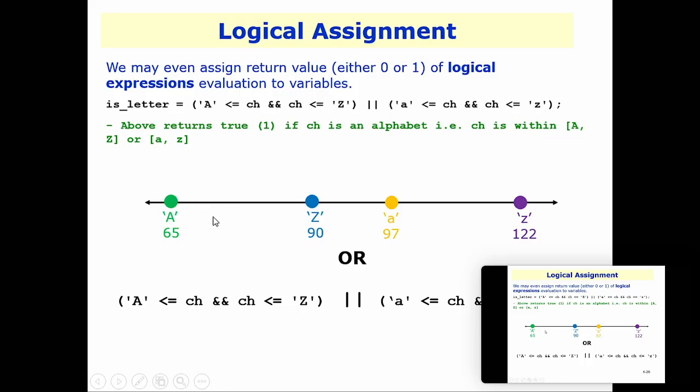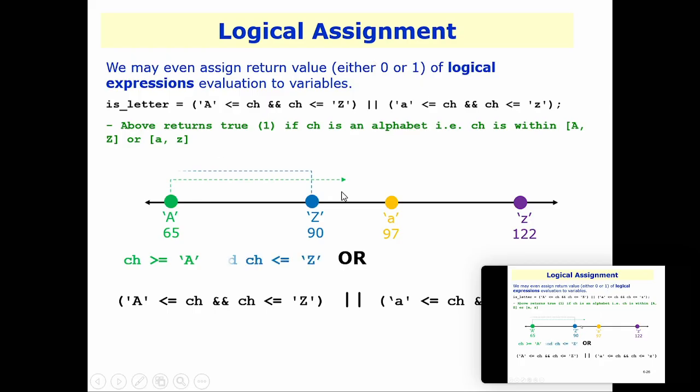Then we want the input letter to be within these two ranges, right? To make it true, the first condition is: this input value CH is larger than or equal to uppercase A. You can also say 65.